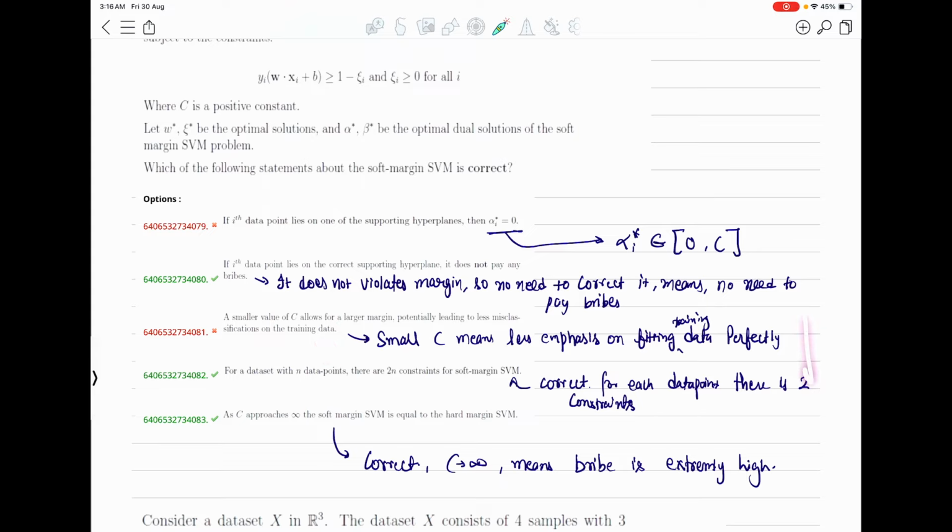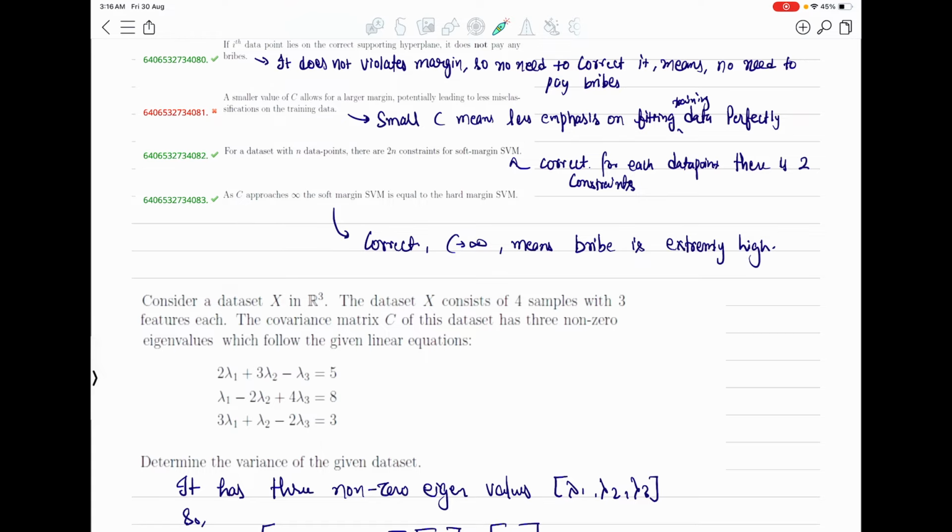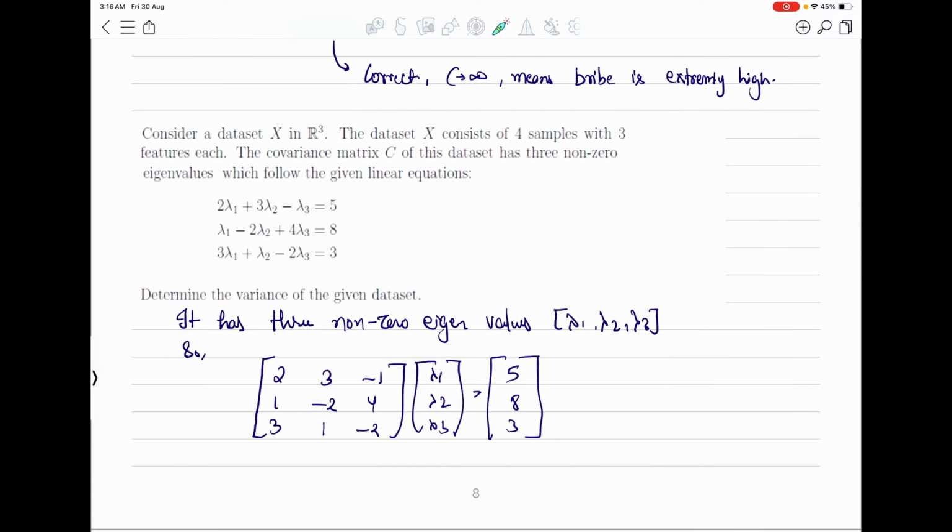Yes, we have seen that for a single data point there are two constraints, so for n data points there will be 2n constraints. And as C approaches infinity, the soft margin equals the hard margin. I have already discussed in my video that if C approaches infinity, the bribe is extremely high, which means it is nothing but a hard margin SVM.